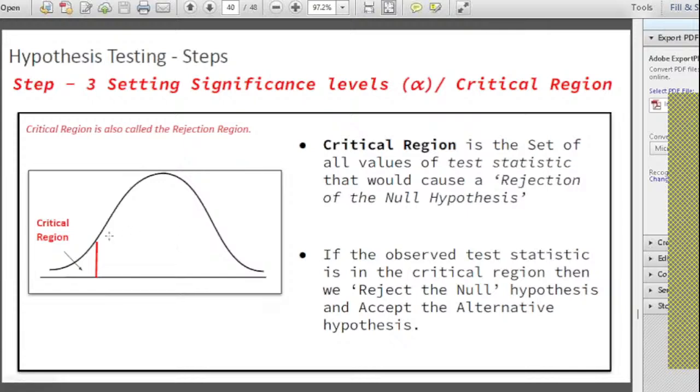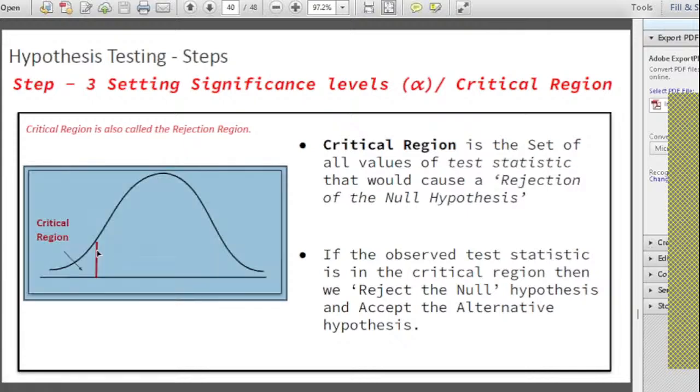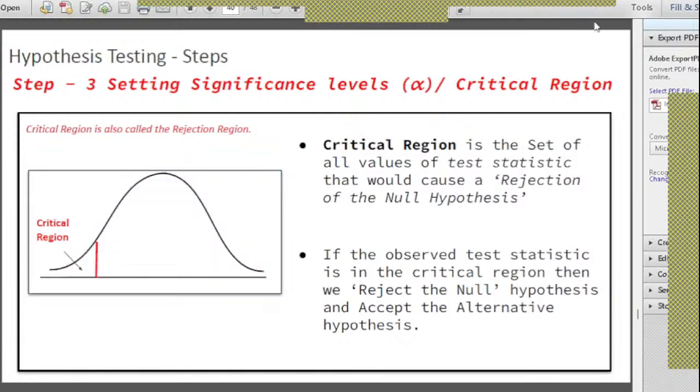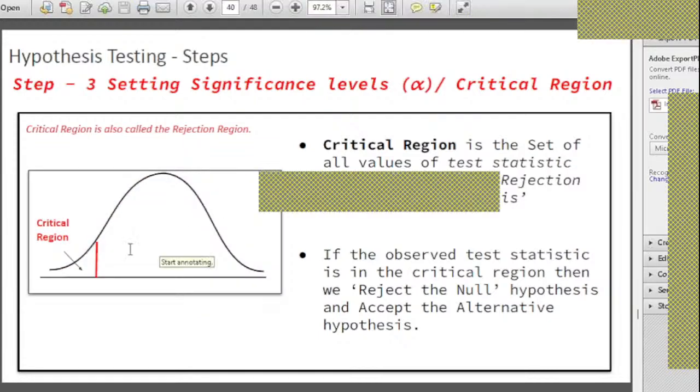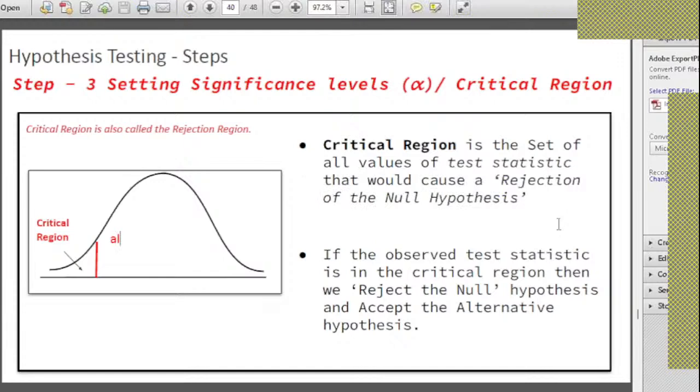If alpha is equal to 5%, where will 3% lie? On this side, isn't it? 3% is going to lie on this side only, right?